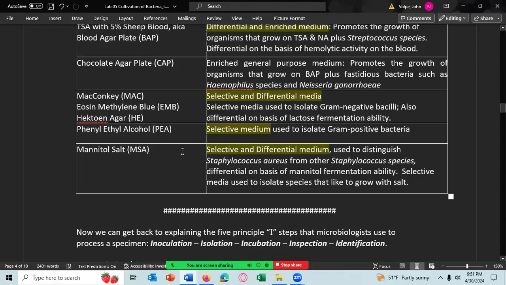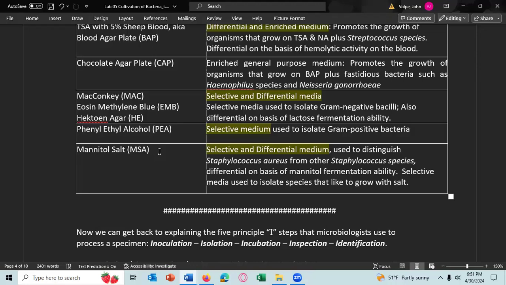Mannitol salt agar is a media which is both selective and differential. It is selective on the basis of salt, meaning it has 7% sodium chloride in it. And if the bacteria can grow in 7% sodium chloride, then it will grow on mannitol salt agar.